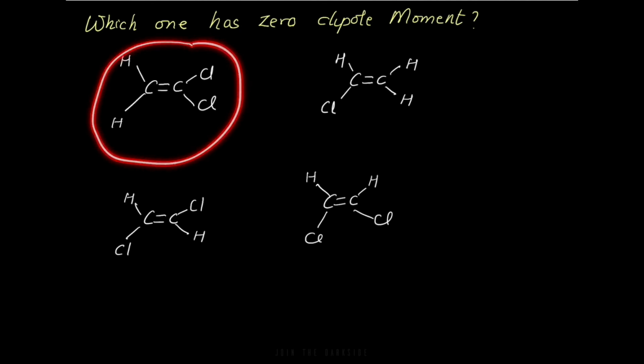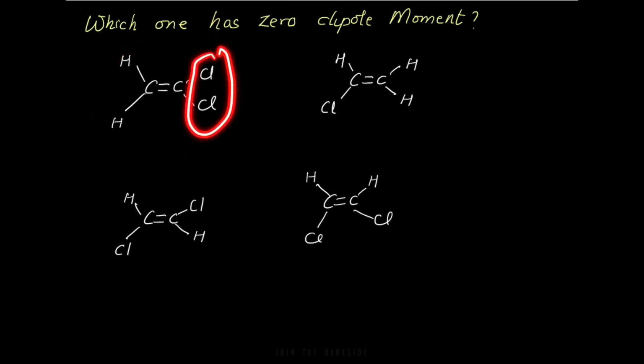So for this compound right here, you have two Cls on the carbon, which means you cannot assign the priority, and therefore this is not going to exist in cis and trans configuration. And again, for this one, you have two hydrogens for which you will not be able to assign the priority, and therefore this also doesn't exist in cis and trans configuration.